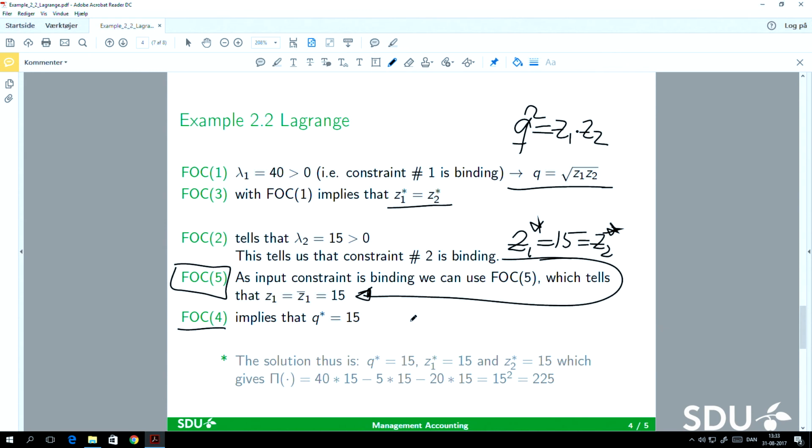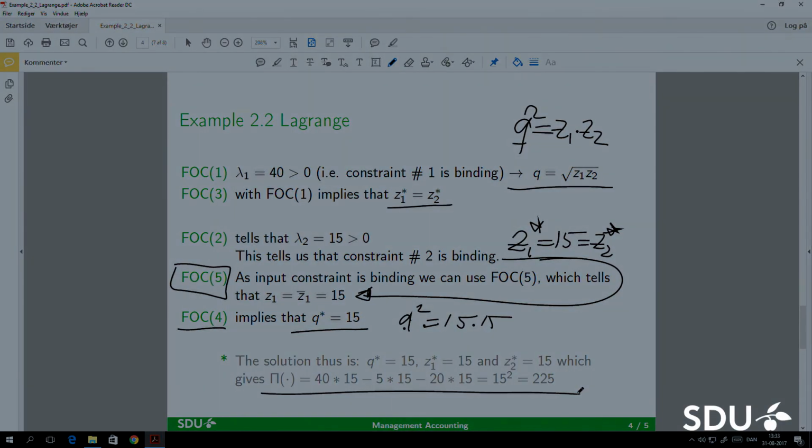So we have that the quantity squared equals 15 times 15, which of course means that in the optimum the quantity is also 15. Plugging our results into the profit function, you will get that the profit is 225.